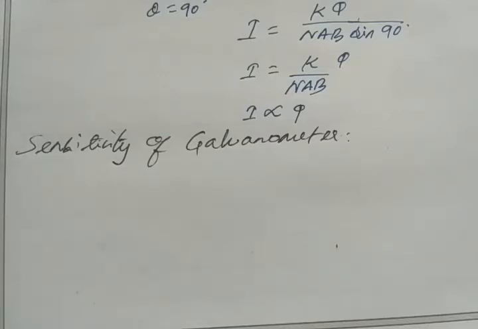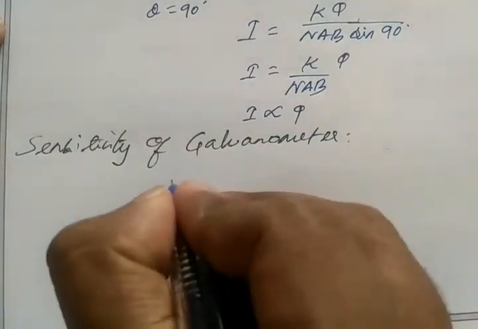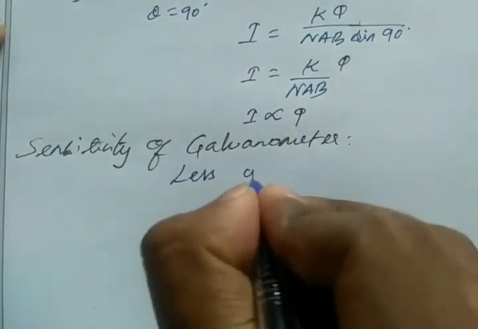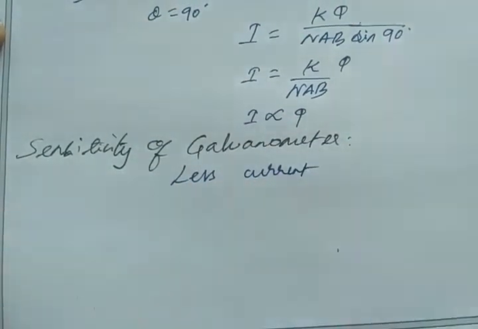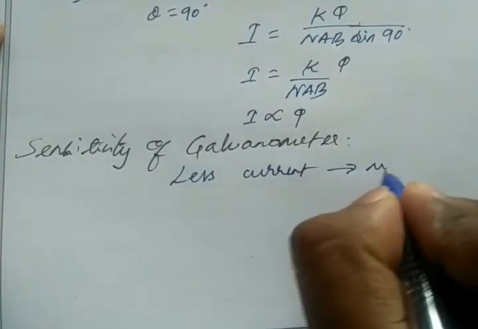Here, sensitivity of a galvanometer means we give a very small amount of current, but the pointer deflects more. So less current, more deflection.